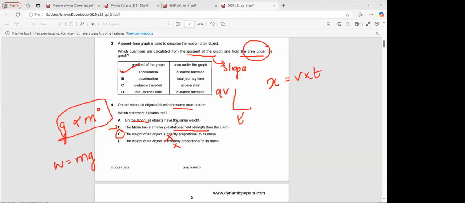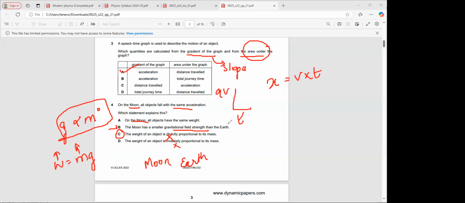What you're saying is right, that if the mass increases, the weight increases. But the issue here is that when we are changing planets, like the moon, there's no comparison of planets, though. That's the thing. So on the moon, all objects fall with the same acceleration because the weight of an object is directly proportional to the mass.